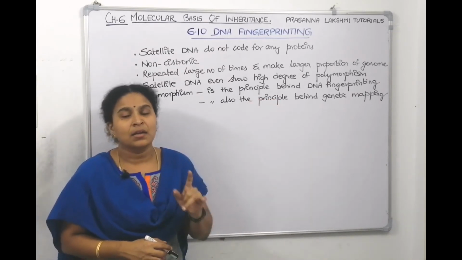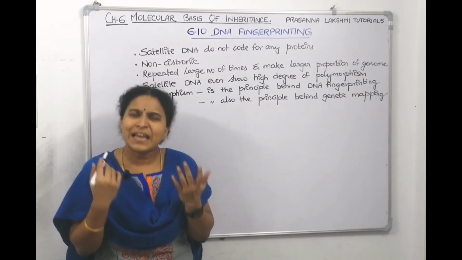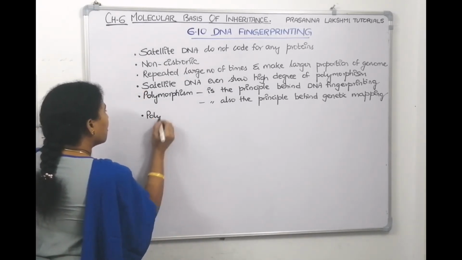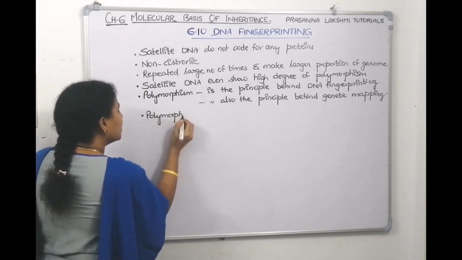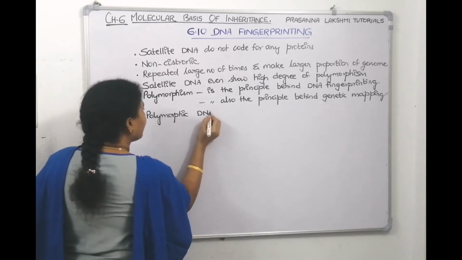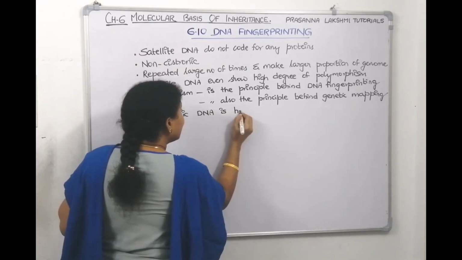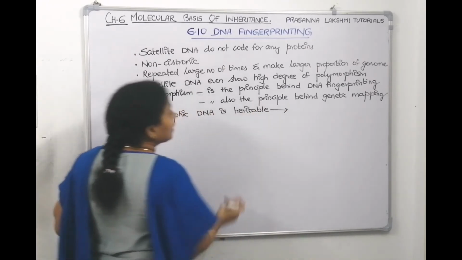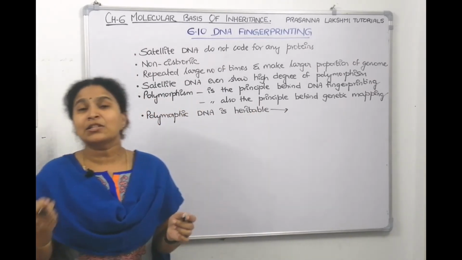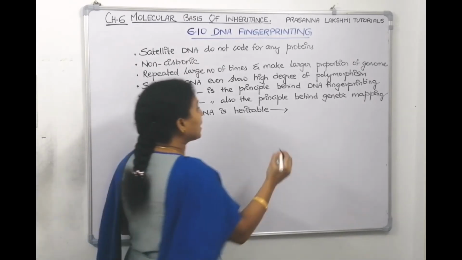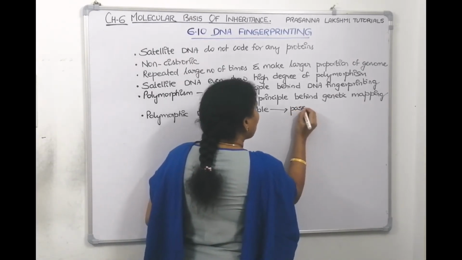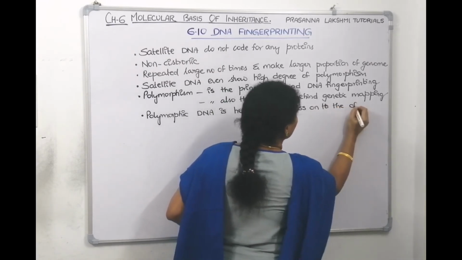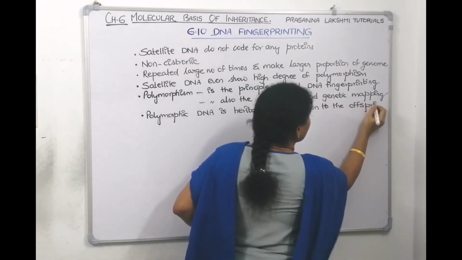And this polymorphic DNA is heritable, which means it can pass from the parents to the offspring, to the next generation.